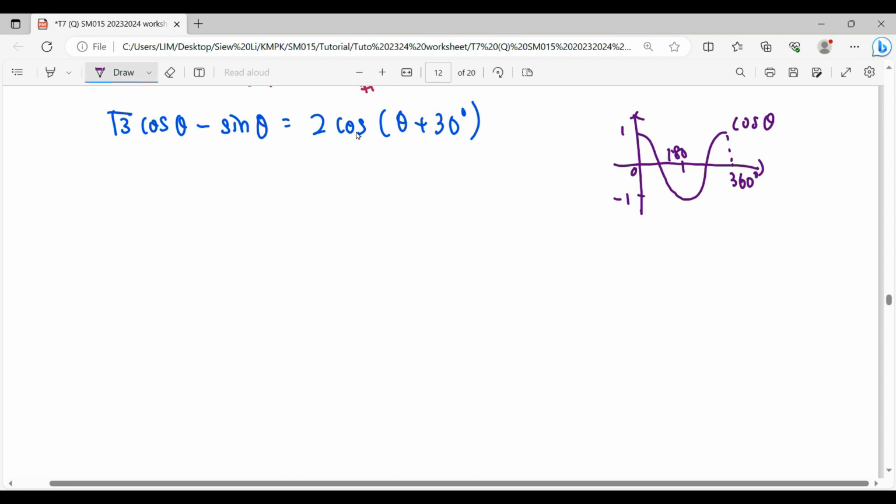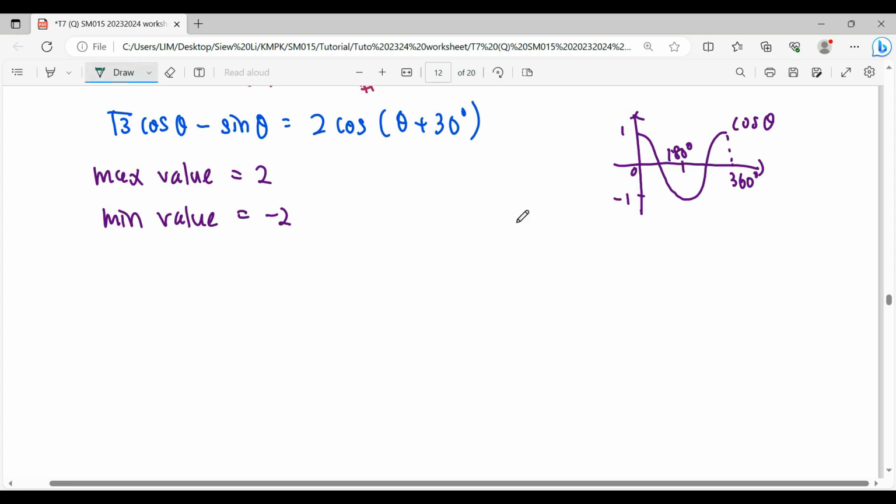To get the maximum value, we look at the coefficient. Since this is 1, the maximum is 1 and the minimum is negative 1. For 2 cos of the angle, the maximum value is multiplied by 2, so it becomes 2, and the minimum value is negative 2.